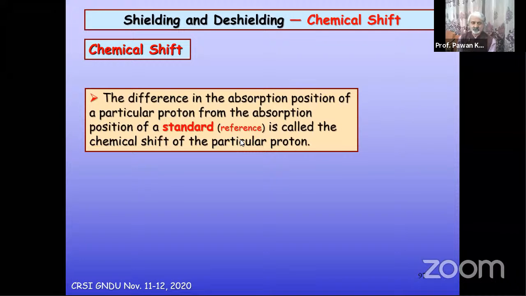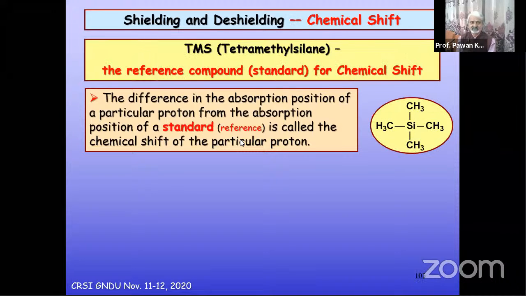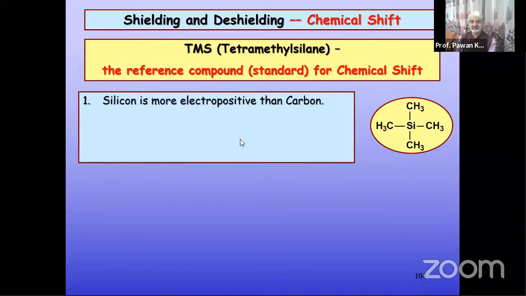And all undergraduate students read that we use TMS, tetramethylsilane, as the reference compound, as the standard for measuring the chemical shift. But why do we use TMS? There are many reasons. Some are facts and some are reasons.